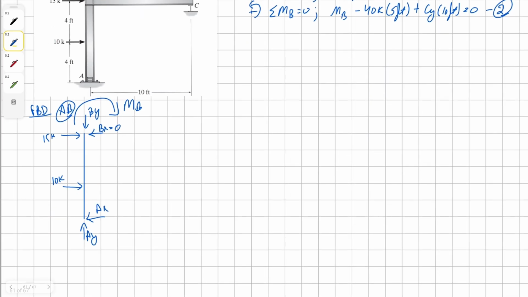Let's begin by summing the forces in the x direction to find a solution for Ax. So we're going to have negative Ax, positive 10K, and positive 15K, and we have 0K from the Bx. So for Ax, we're going to have our solution as 25K.